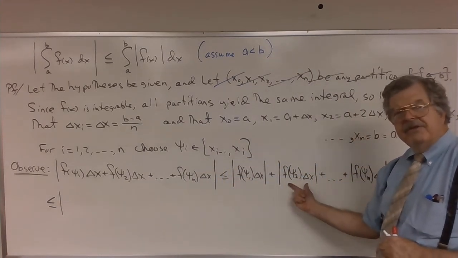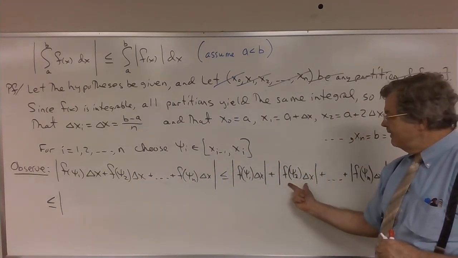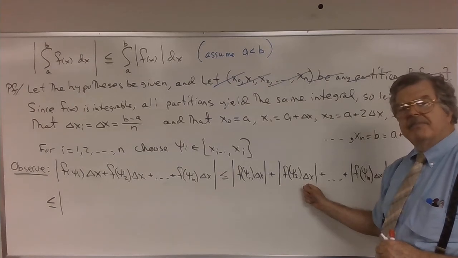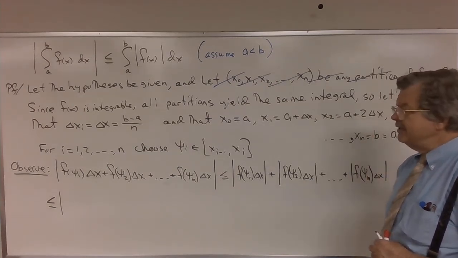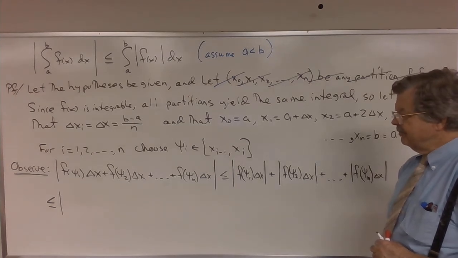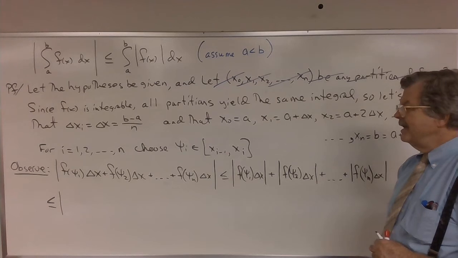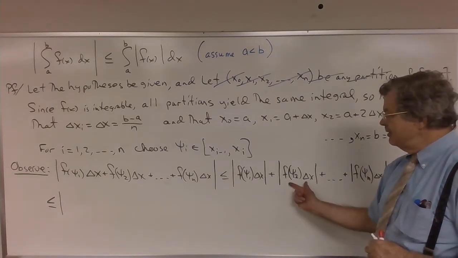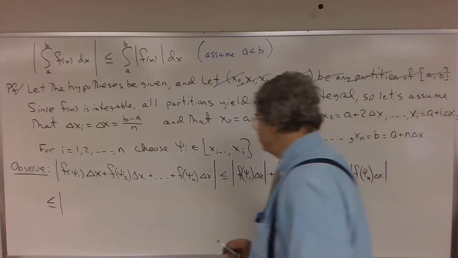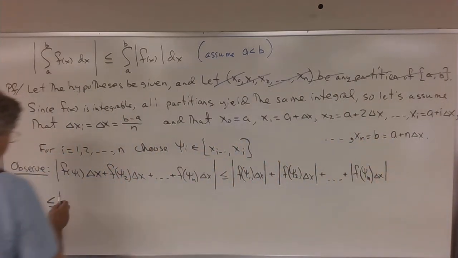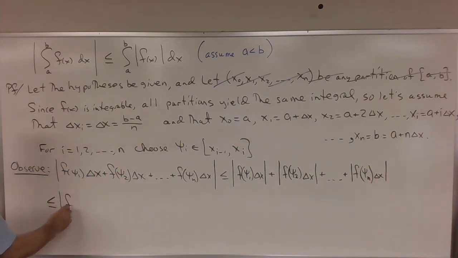In each of these terms, we have the absolute value of a product. So what I can do is I can turn this into the product of the two absolute values. And you know what?